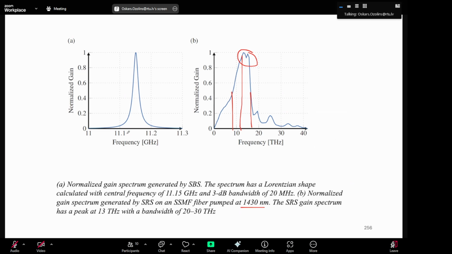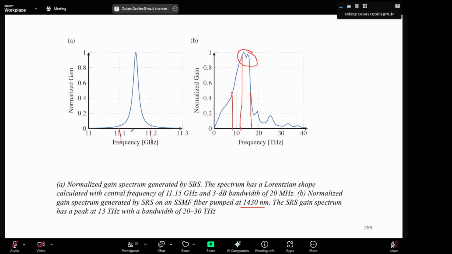Right, but stimulated Brillouin scattering is only like 100 megahertz wide. When you pump quite high signal power into the fiber, you will get a tone of Brillouin scattering, and it can go both ways. It's difficult to compensate for this one.